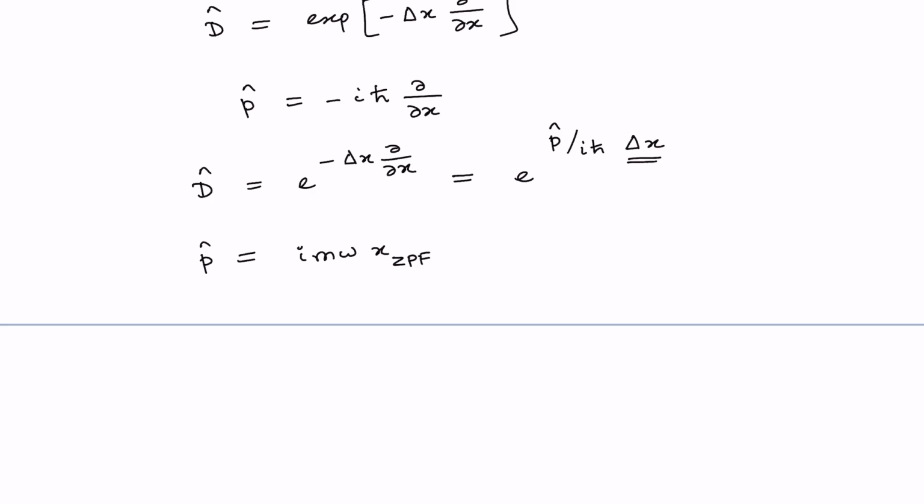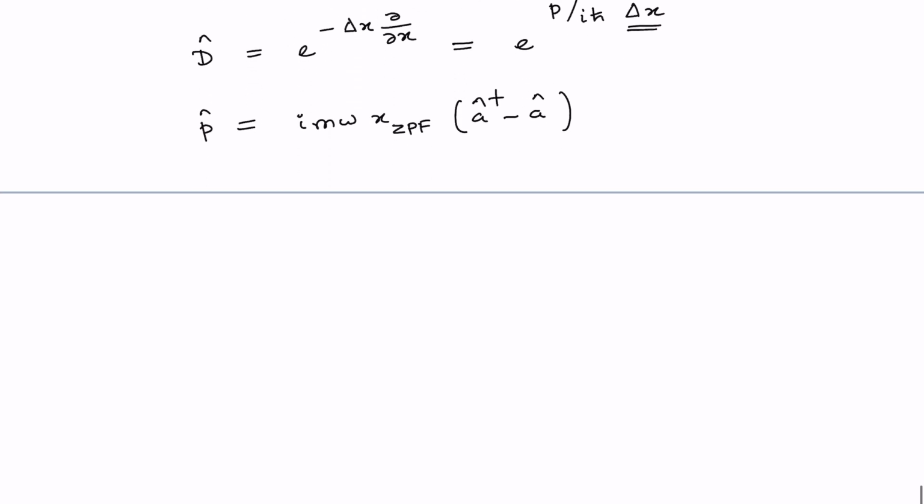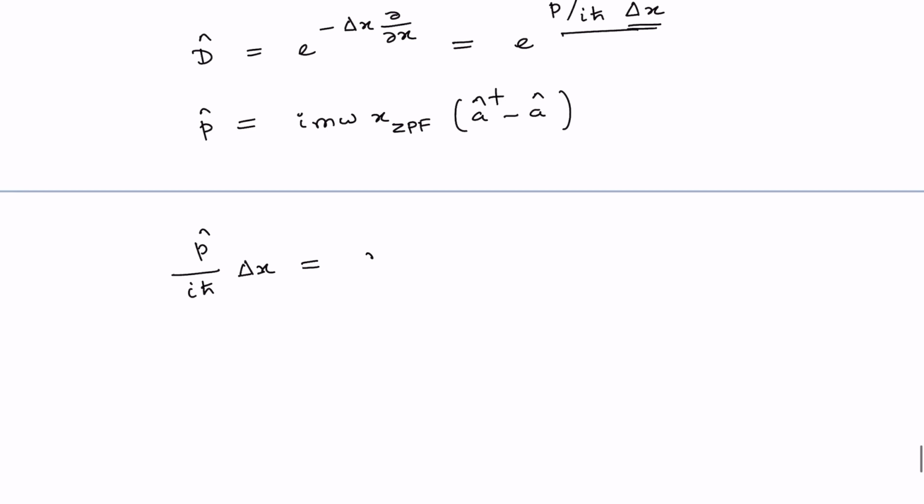This will enable me to write p by i ħ times Δx, I'm just writing this term, equal to m ω by ħ, then x zero-point fluctuation, Δx (a† − a).